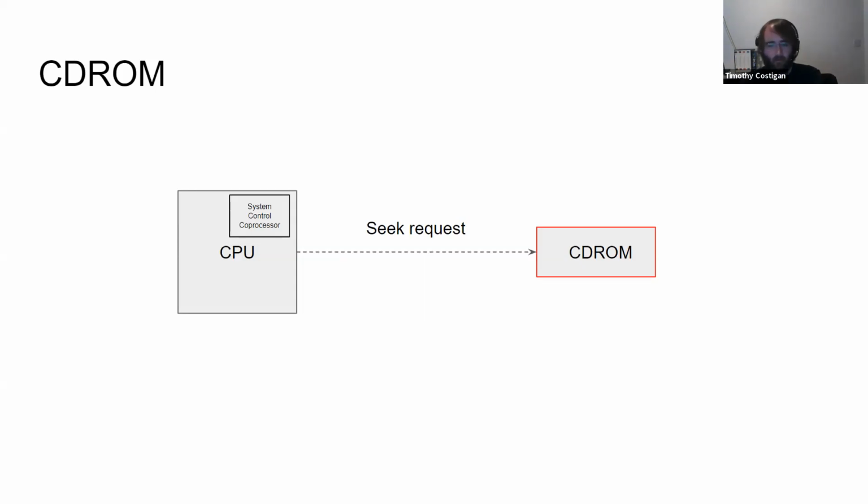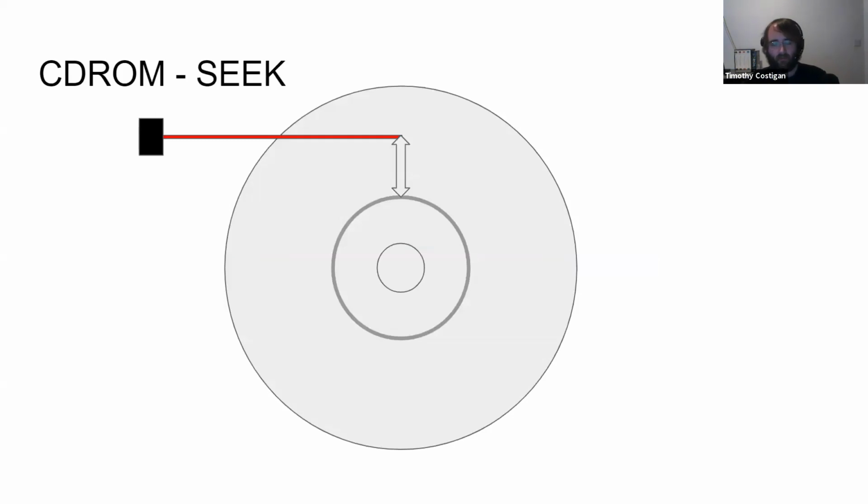So the CPU would talk to something like this, and a hard drive on a computer would be similar. It would talk to it by setting an instruction hardware register that's mapped in the address space to have a seek request instruction. And then the CPU would continue about its day. The CD-ROM, though, in parallel, would begin that seek.